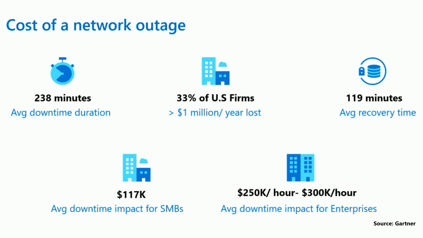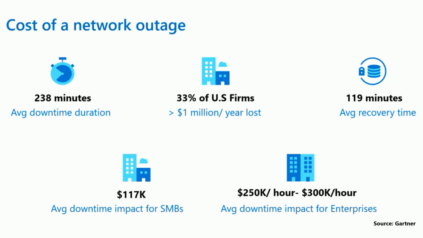Before we go any further, let's take a look at what a network outage could cost. This is information taken from Gartner. On average, network outages cost 33% of firms over $1 million a year in lost revenue.